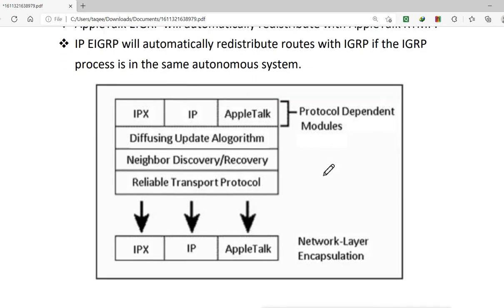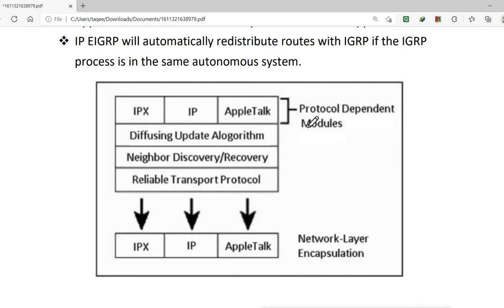So this is how it works. The protocol dependent modules let us use a different module for each protocol, IPX, IP or AppleTalk. It uses the diffusing update algorithm, neighbor discovery and recovery, and the reliable transport protocol, and it works separately with IPX, AppleTalk and IP.